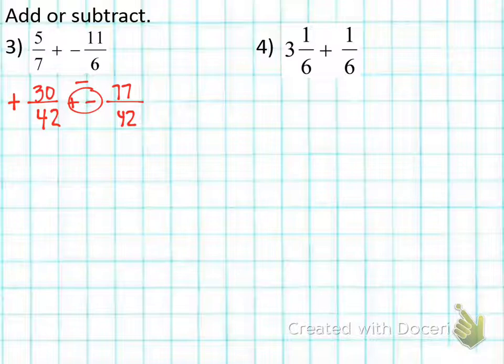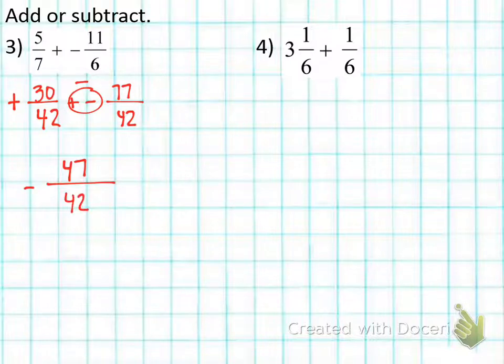We're there. So a variety of answers. So on this one, these are different signs. Everyone's looking up on the board right now. We have positive 30 and 77, so we got to subtract them. 77 minus 30 is 47, and the sign that's bigger is negative, so we're going to keep negative 47 over 42.